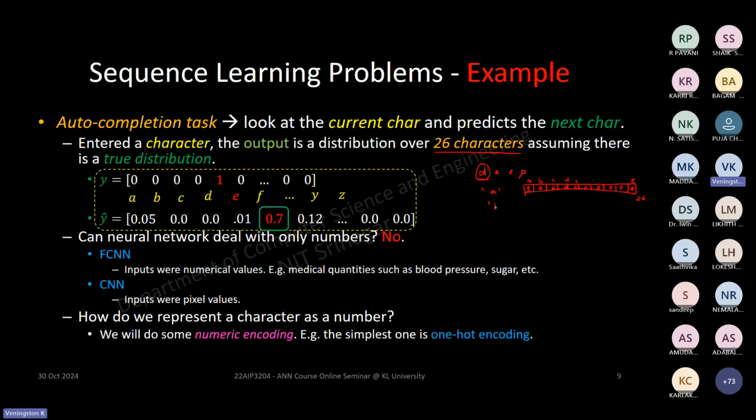Similarly, for giving a representation for B, we will define a vector in which the probability mass will be 1 on character B and zero on all the other characters. This is how we numerically represent every character in the English alphabet, and popularly this way of encoding characters is called one-hot encoding.